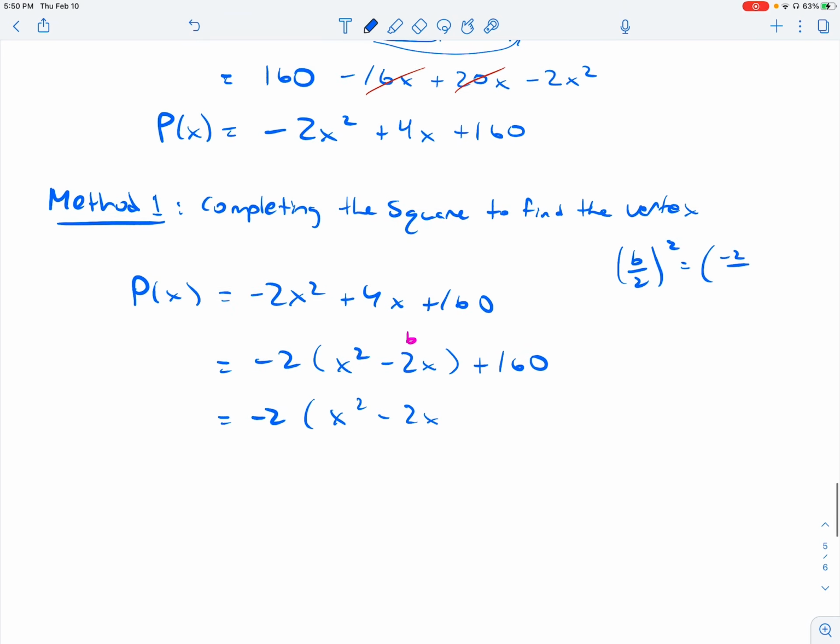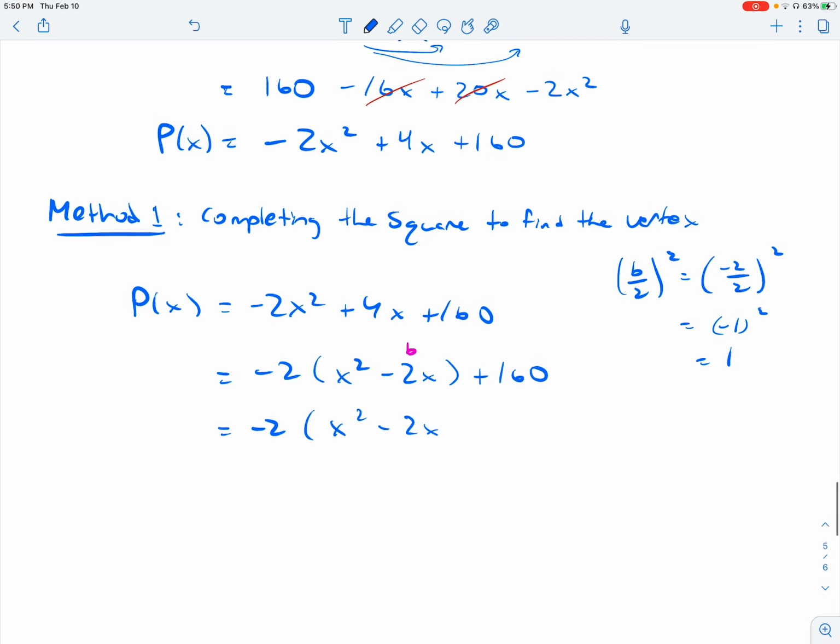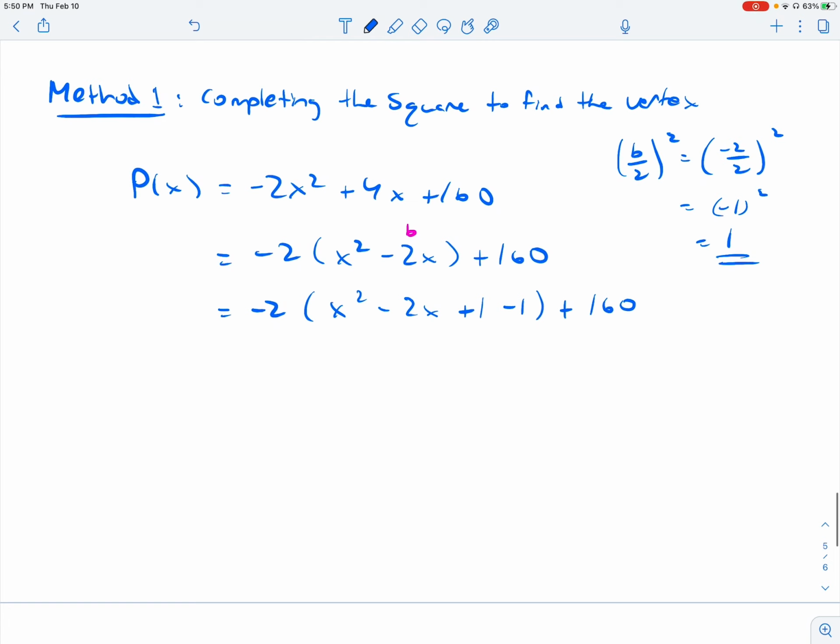So we'll have negative 2 over 2 squared. Well, that's real easy. It's just negative 1 squared, which is just 1. So I have to add a 1 and subtract a 1 inside my bracket, and then we have plus 160. Now we created a nice perfect square trinomial, and we'll need to institute another set of brackets when we write this.